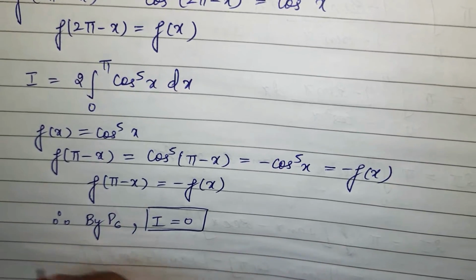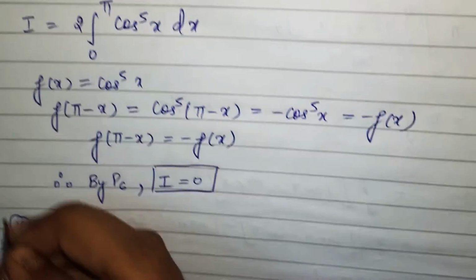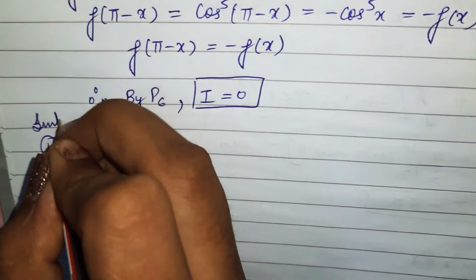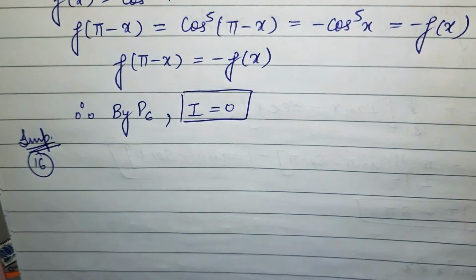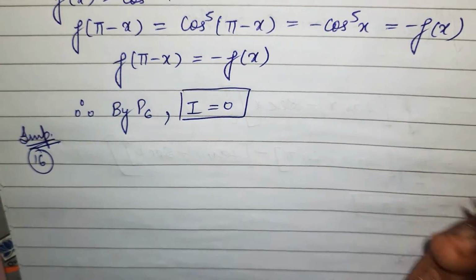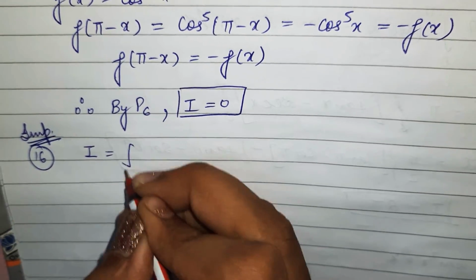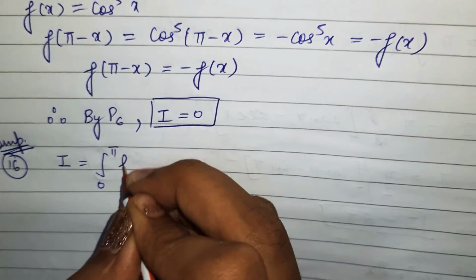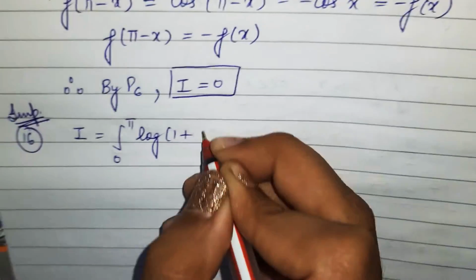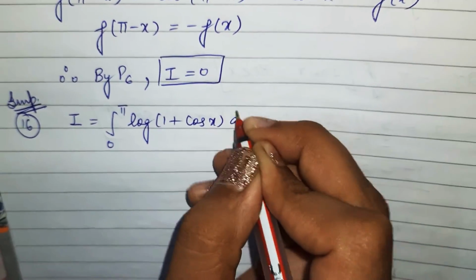Now come to the major important question. This question is important. Here we will apply example number 36 also. So this type of question can come in the exam. I is given as the integral from 0 to pi of log of 1 plus cos x dx.